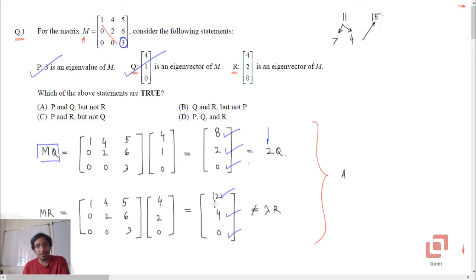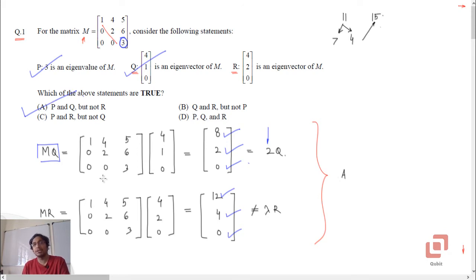Now observe that [12 4 0] is never going to be a constant multiple of [4 2 0]. Although 4 is a factor of 12 and 2 is a factor of 4, their ratio is not the same. So for any of these eigenvalues 1, 2, 3, we are not going to get [4 2 0]'s multiple as [12 4 0]. That is not going to happen, so R is not right. So the only statements that are true are P and Q but not R. So option A.